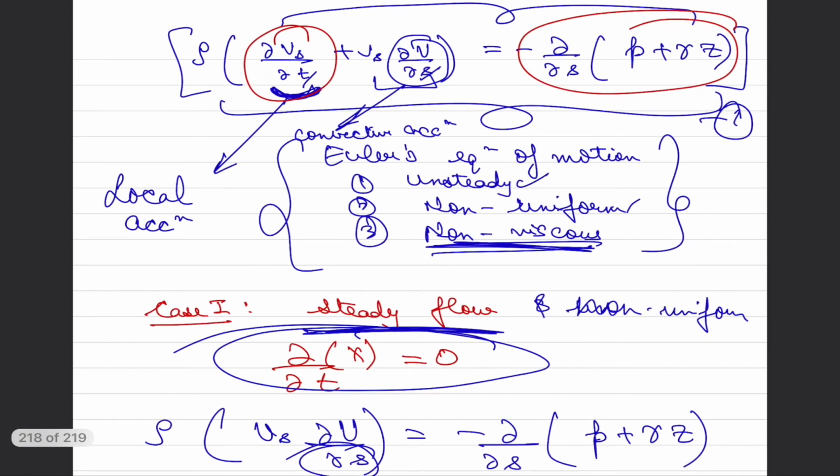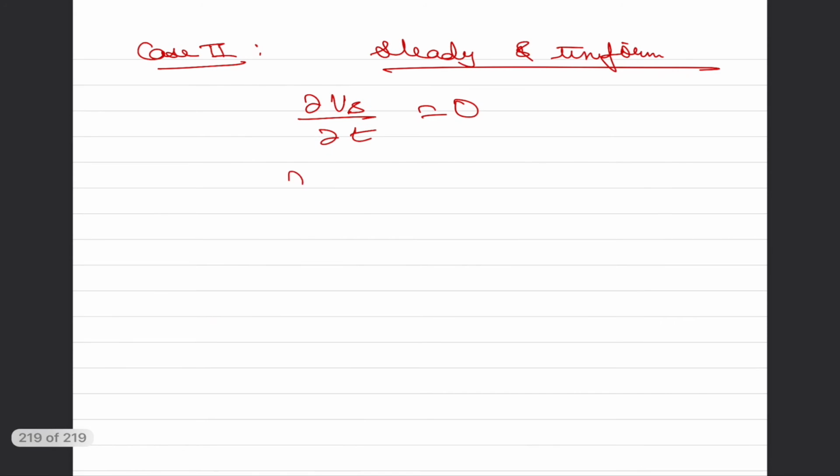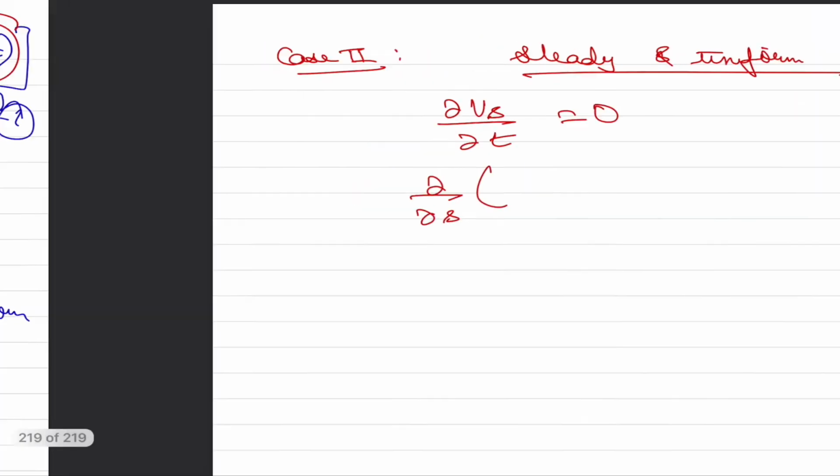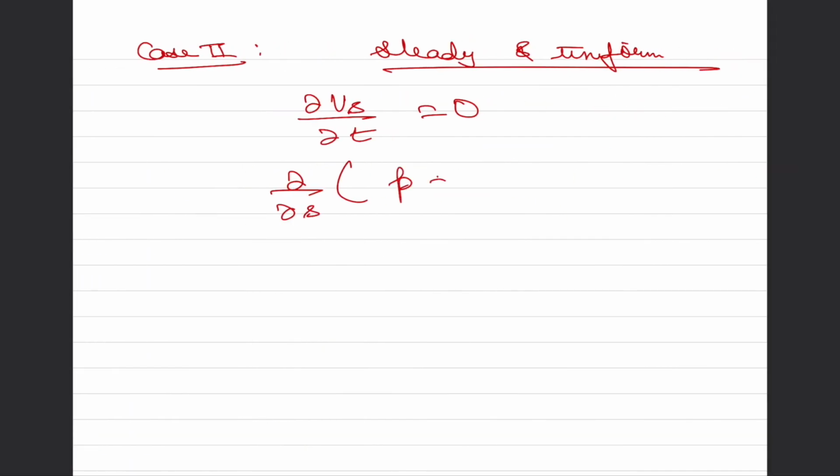And when we talk about uniform flow, any rate change with respect to space should also be 0, which implies that del upon del S of (P plus gamma Z) becomes equal to 0. And we can again say that del P plus del of gamma Z equals 0.